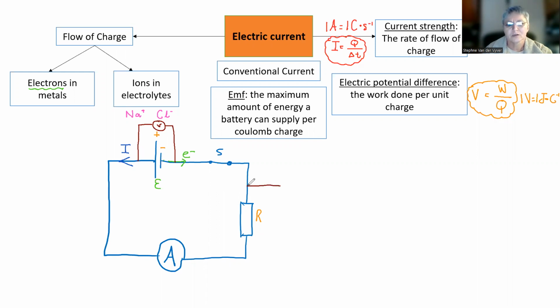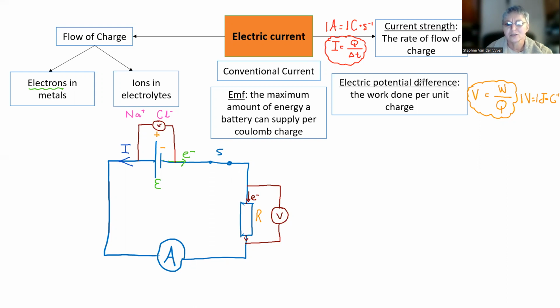A voltmeter across a resistor would measure the electric potential difference that the charges would have when they move through the battery. Here, where the charge enters the resistor, if we consider electron flow, they've got a higher electric potential energy. By the time they have moved through the resistor, they would have a lower electric potential energy.